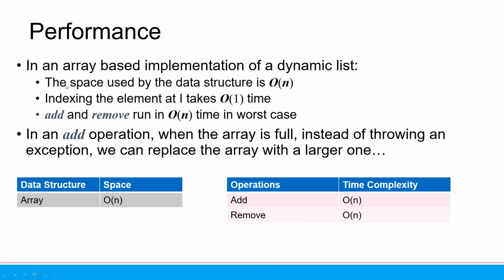So whenever we deal with a data structure, we need to think about these two. In the array-based implementation of a dynamic list, because this is a dynamic list, in Python, whenever you have an array, you can enlarge the array automatically.